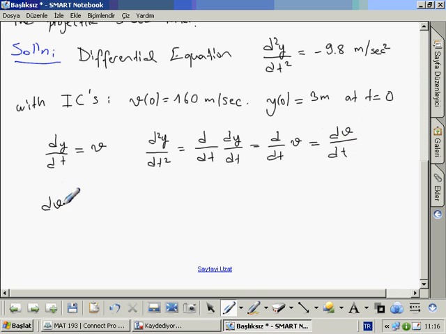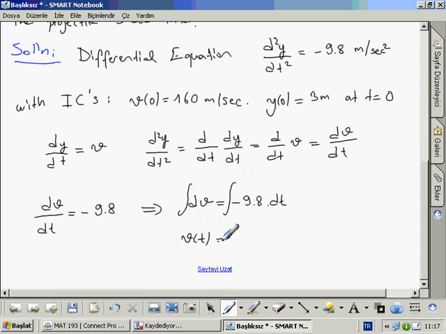And we know that ∂v over ∂t equals minus 9.8 because of ∂ squared y over ∂t squared. So we can write ∂v equals minus 9.8 times ∂t, and integrate both sides of the equation.